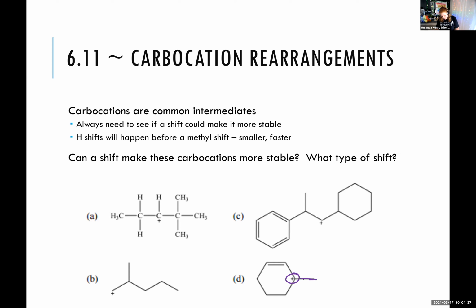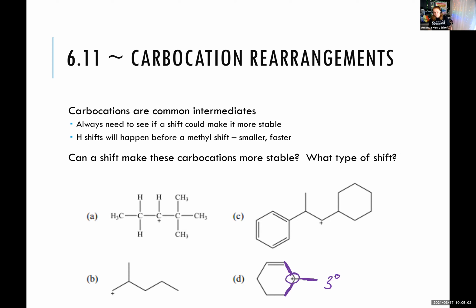It is bonded to 1, 2, 3 carbons. That's what makes it tertiary. So it's a carbocation because it doesn't have 4 bonds. So it's missing its 4th bond, which we can kind of think of as maybe it was a hydrogen. It doesn't really matter what it was, to be honest, but it has 3 bonds now.